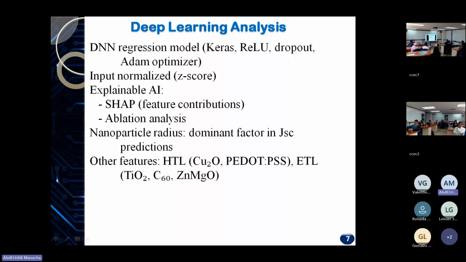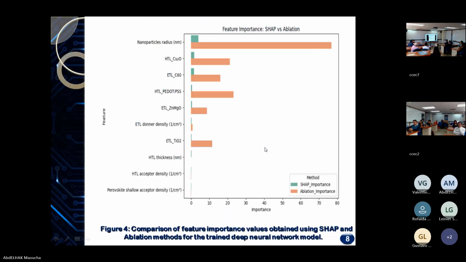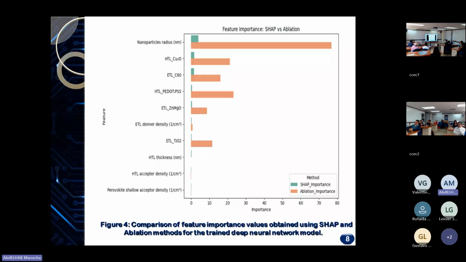This dataset allowed us to train a machine learning model for prediction and interpretation. We use a deep neural network regression model to predict short circuit current improvement from the parameter variation. The network had multiple layers with ELU activations and was trained with the Adam optimizer.